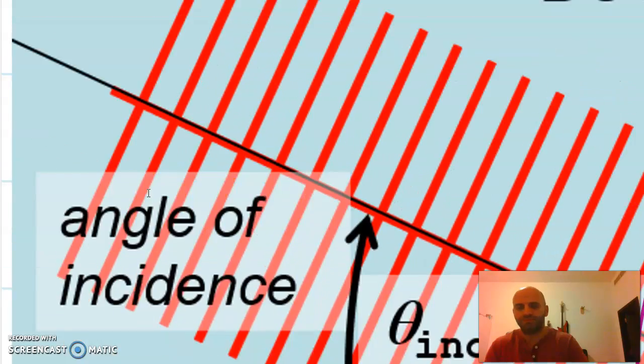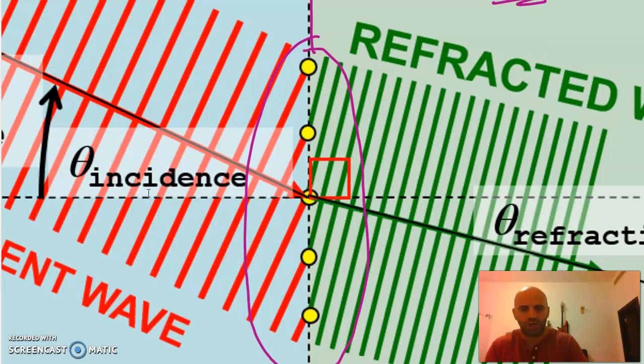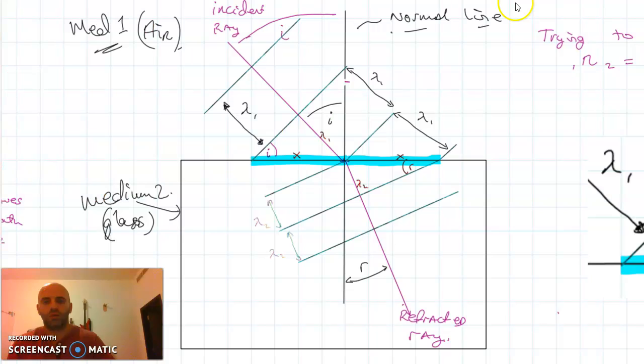And this is another one. And again, you see the yellow dots represent those points of contact at the boundary of the two media. So the yellow dots, if you notice, are evenly spaced on the right hand side and on the left hand side. Okay, and we're going to use that in our derivation.